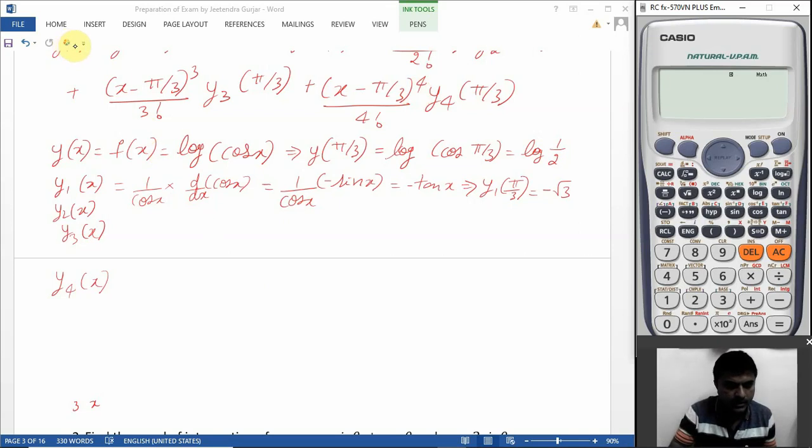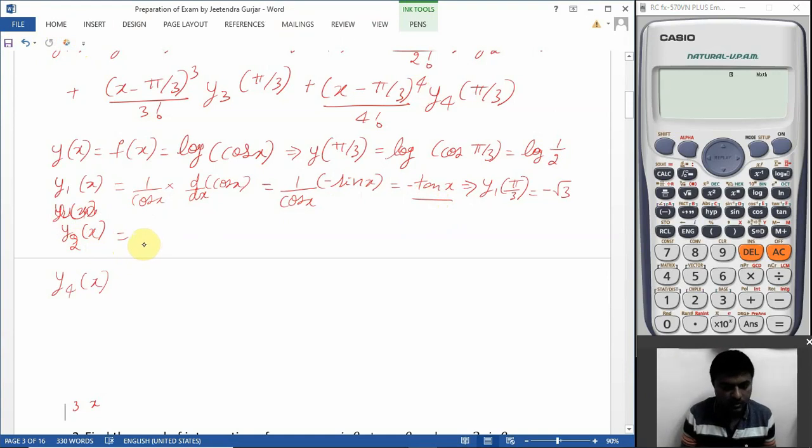y2 of x. I will take this as y2 of x, which is equal to, so please see y1 is what, minus tan x is the y1. Okay, so again differentiate this with respect to x.